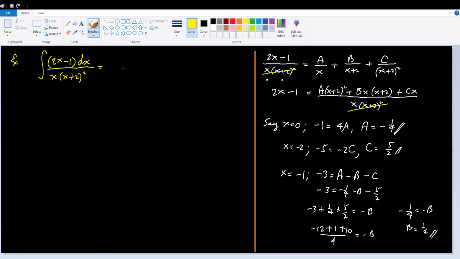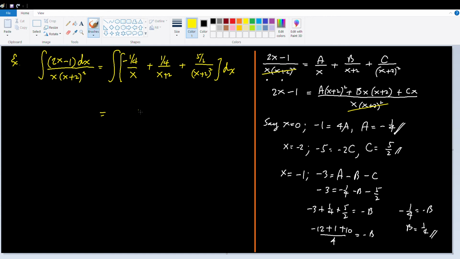So we shall now write our integral as a, negative 1/4 over x, that is, and then b is 1/4 over x plus 2, and c is 5 halves over x plus 2 squared, quantity dx.